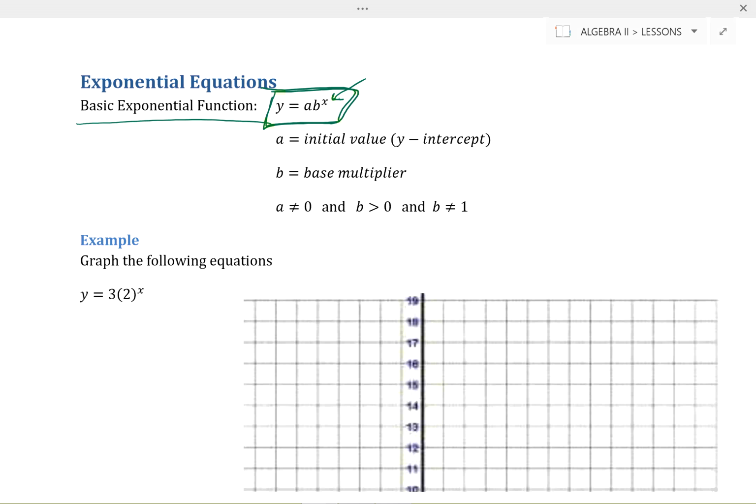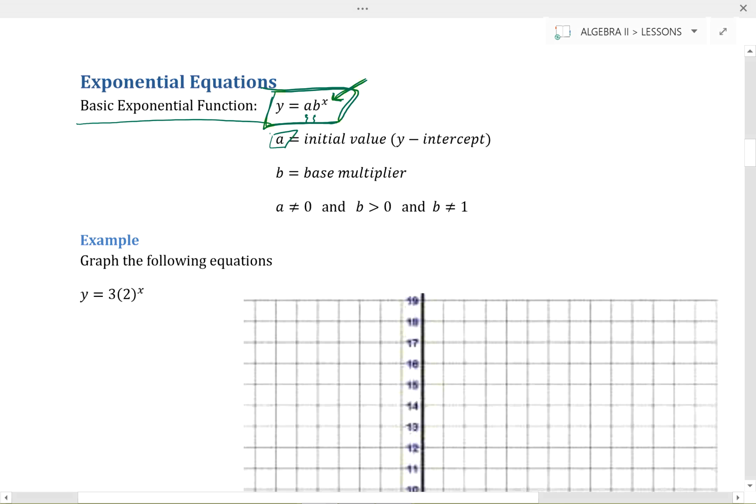All of those, the independent variable x was in the base section of the equation. Here, our variable is an exponent, so it's our exponent that's changing all the time in order to determine our dependent variable y.